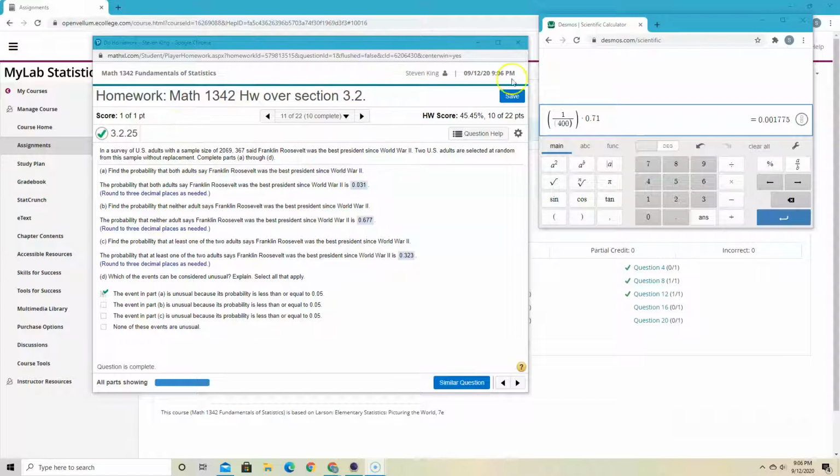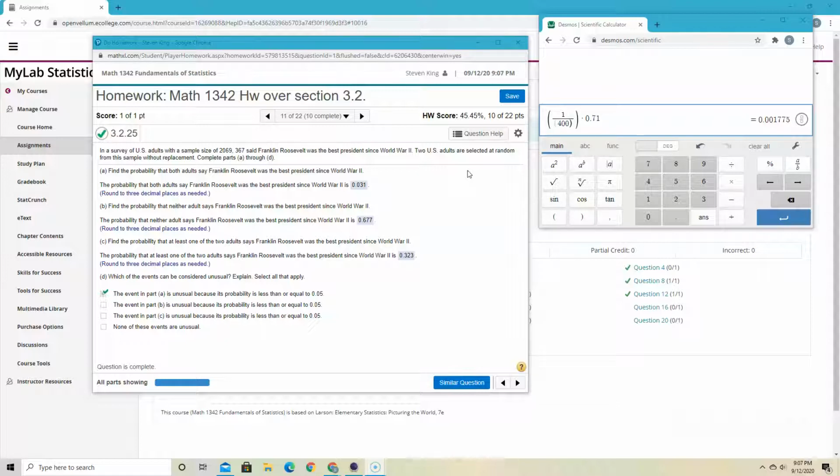And then, without putting that person back into the computer, so to speak, now there's one less person, so there's only now 2,068 identification numbers in the computer because one has been taken out. What's the probability that the second adult, the second identification number the computer prints out, will be an adult who stated that they believe FDR was the best president since World War II?